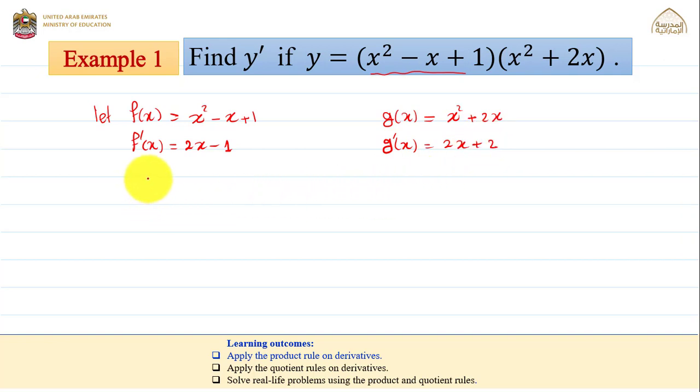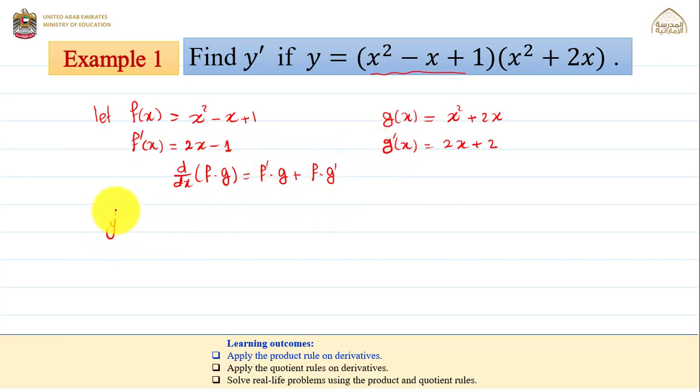Then use the product rule, which says d by dx of f times g equals f prime times g plus f times g prime. Then we need to substitute here.